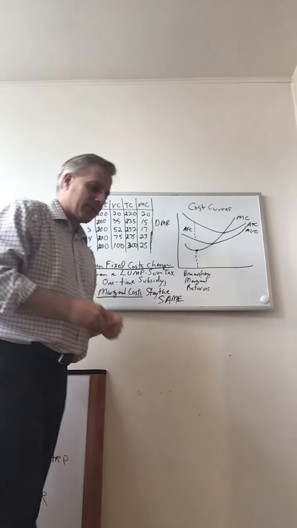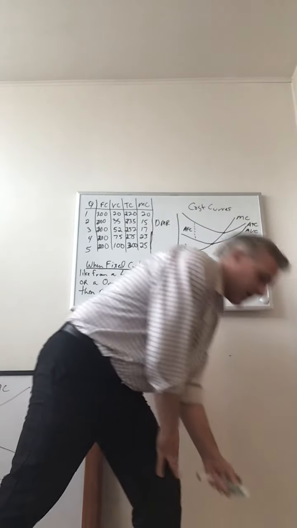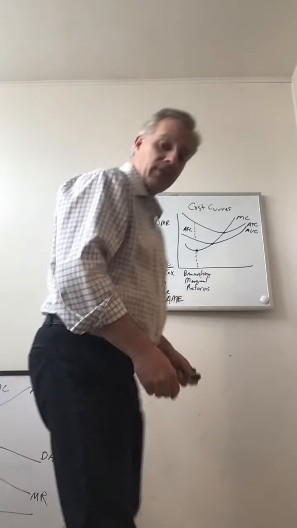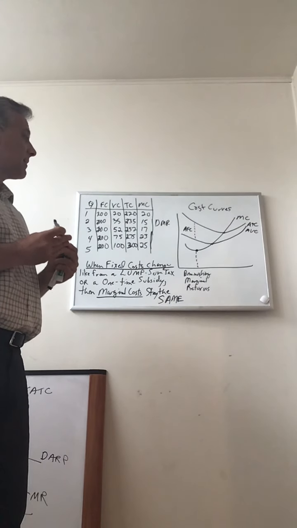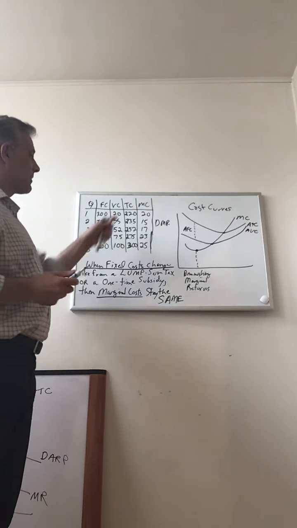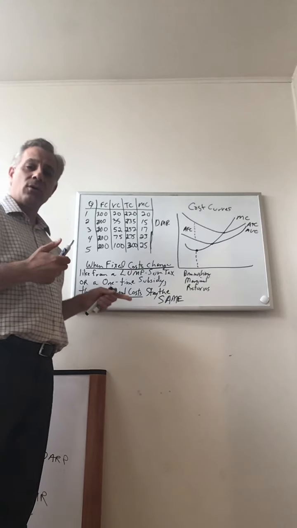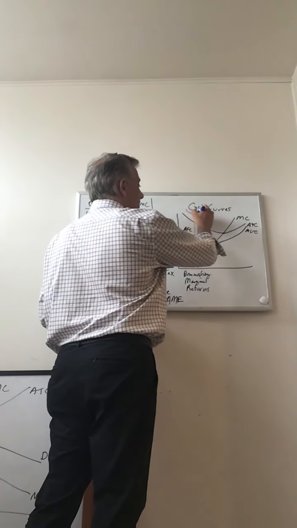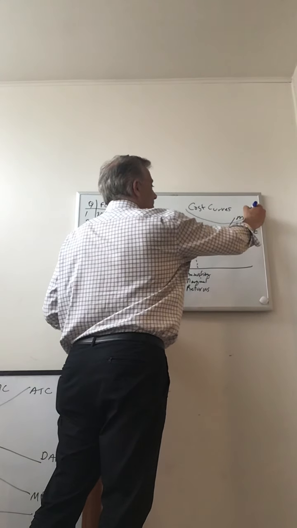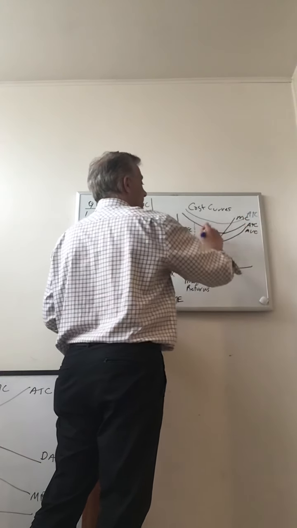What's going to happen to total cost? Well, total cost went up. So if total cost went up, then average total cost would have to increase. So I'd have a new average total cost here.